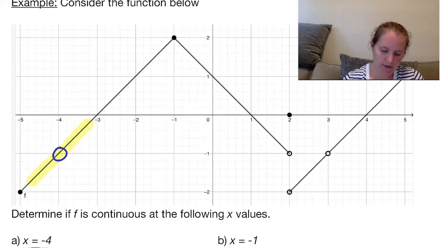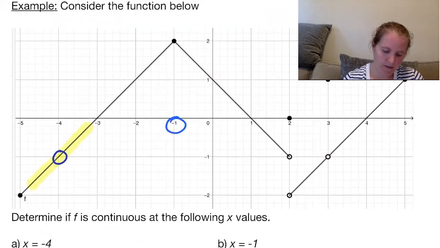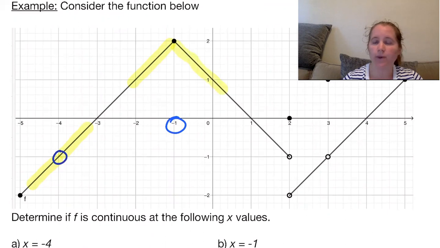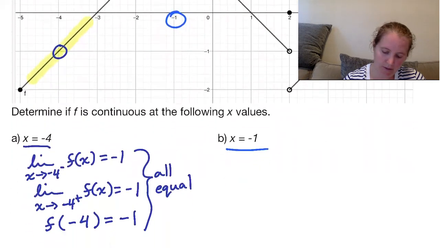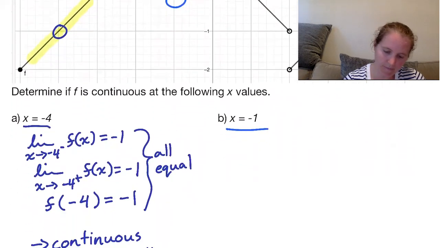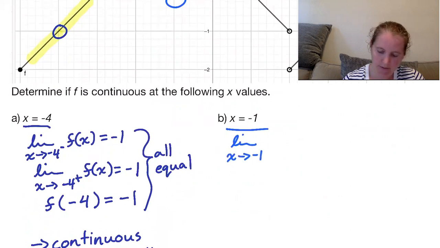So now let's do the same thing for x equals -1. So at x equals -1, here we look at what's going on. Coming from the left, we are approaching a y value of 2. Coming from the right, we are also approaching a y value of 2. And the function value is precisely 2. So once again, we have the limit as x approaches -1 from the left of f of x is 2.